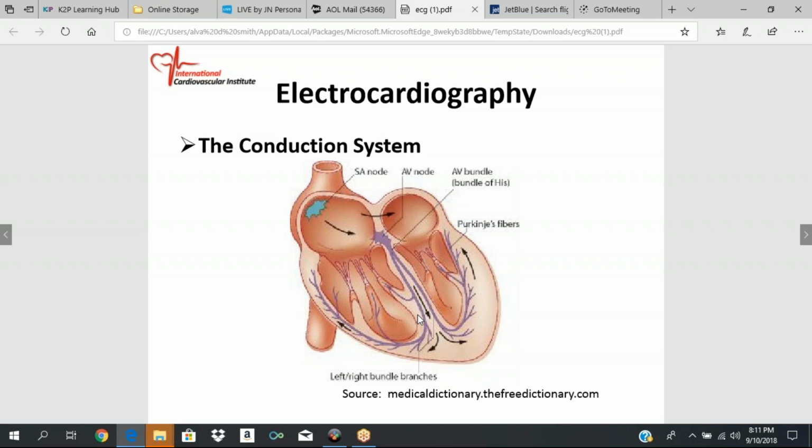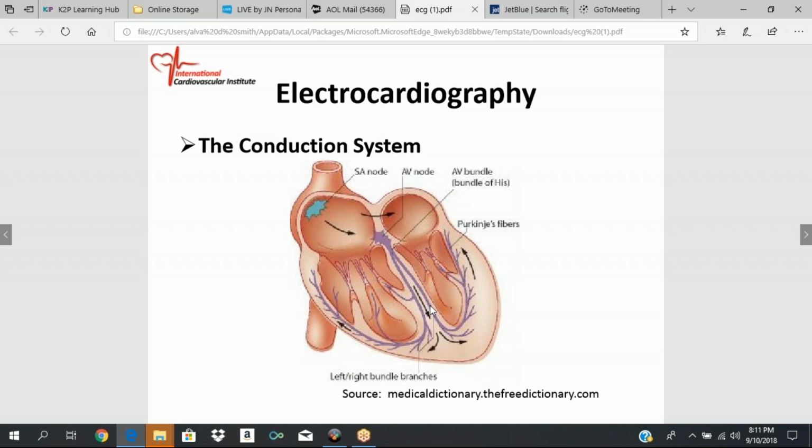The bundle branches give rise to what we call Purkinje fibers, which go into the muscle. So this electrical wiring, so to speak, goes into the muscle. It's further branching of the bundle branches, and we call them the Purkinje fibers.